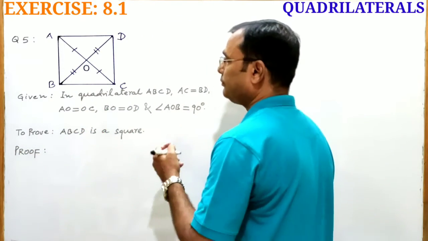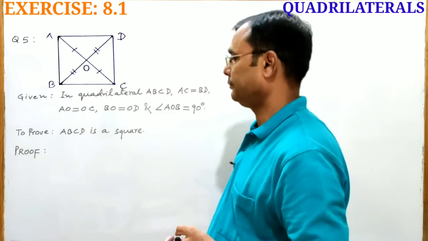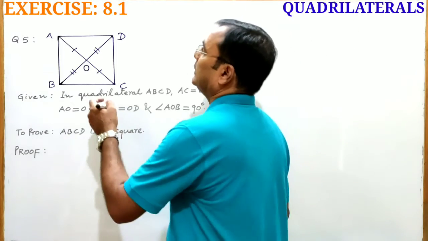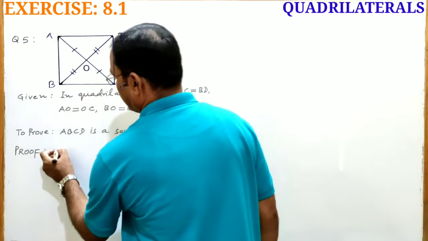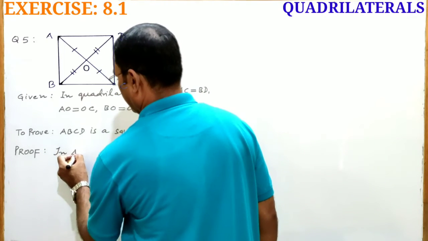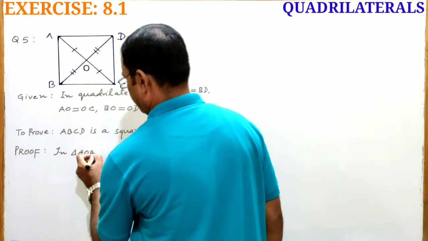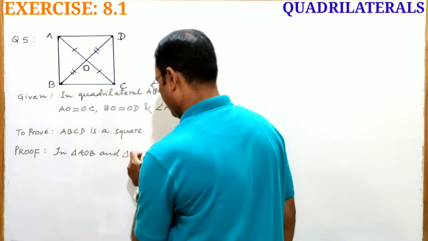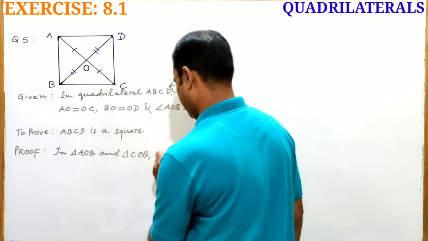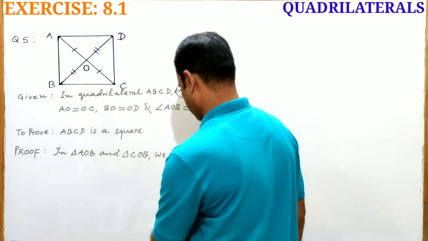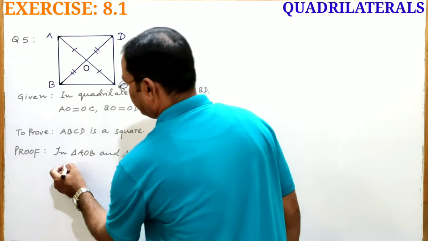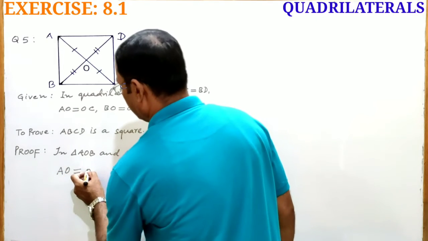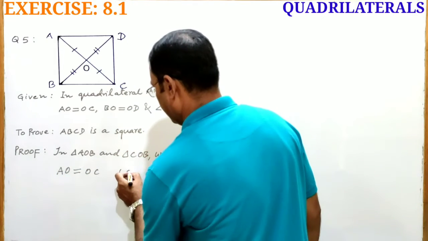Proof. In triangle AOB and triangle COB, we have AO is equal to OC, given.